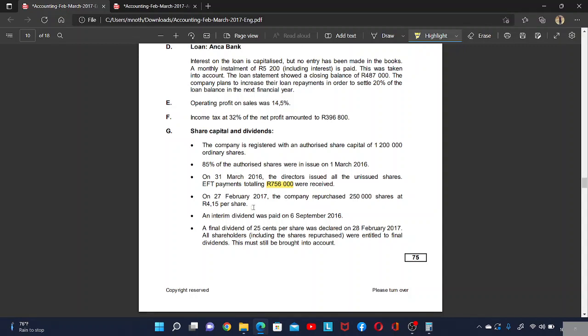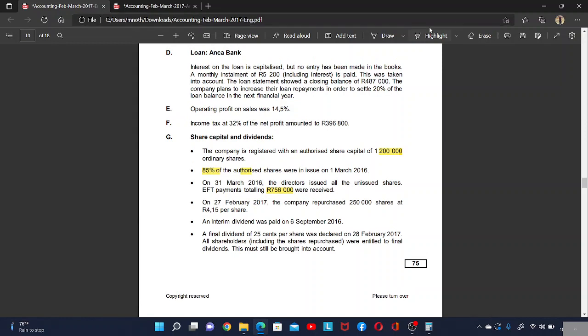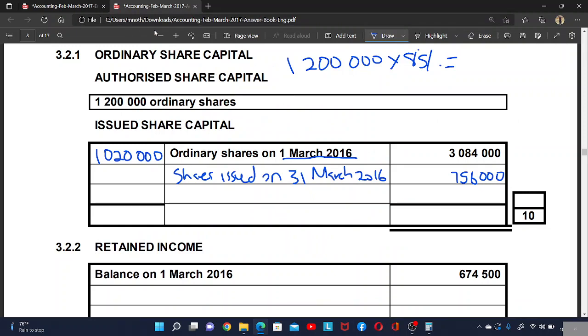Because 85% shares were issued, meaning that only 15% shares are left. So we issued 1,020,000 shares, and then the total shares were 1,200,000. Now we are told that all the unissued shares were issued.